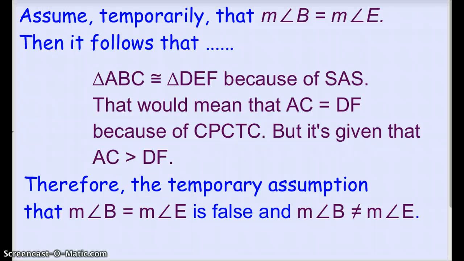But it's given that AC is greater than DF. Therefore, the temporary assumption that the measure of angle B is equal to the measure of angle E is false. So the measure of angle B must not be equal to the measure of angle E. You'll notice that the words that are in blue are the ones that need to appear in every indirect proof that you do.